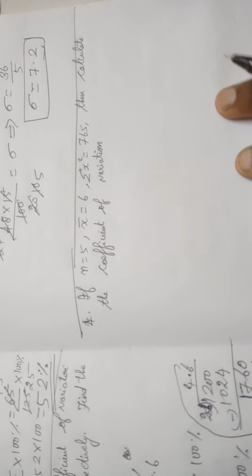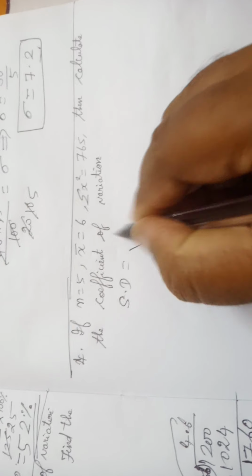Now next one is what they have given. N equal to 5, x bar equal to 6, sigma x square equal to 765. Then calculate the coefficient of variation. So now standard deviation equal to, what is the formula?